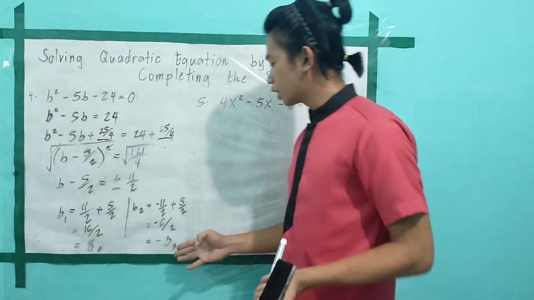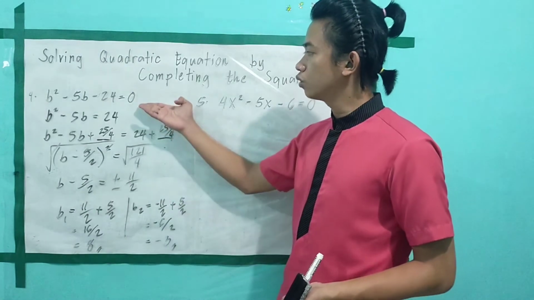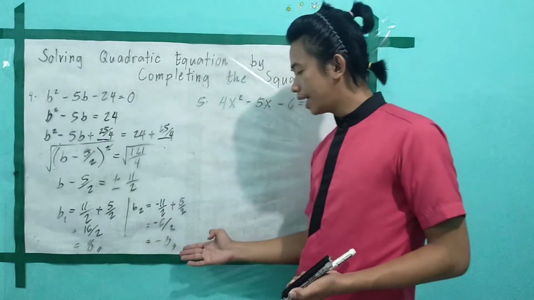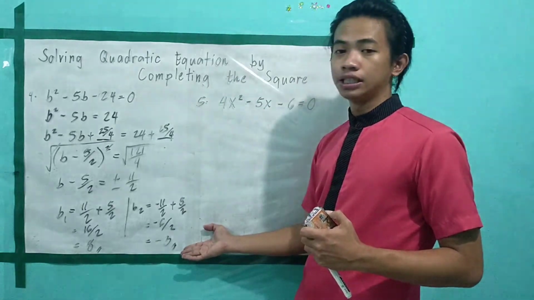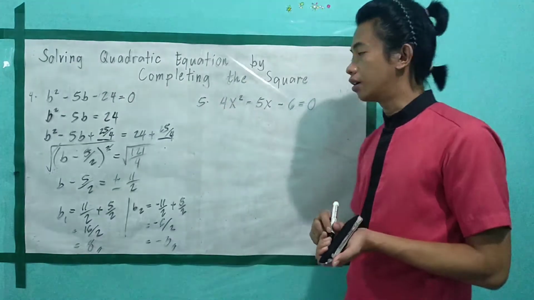So, our second solution is negative 3. Therefore, the solutions of this given problem are positive 8 and negative 3. Okay? So, next problem tayo, problem number 5.